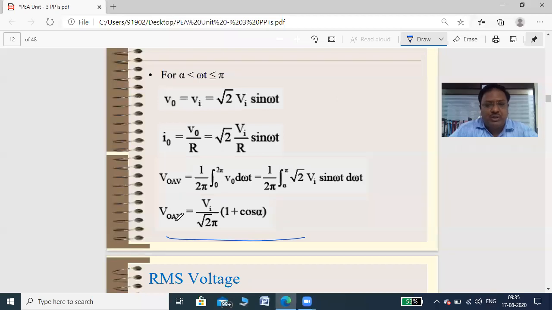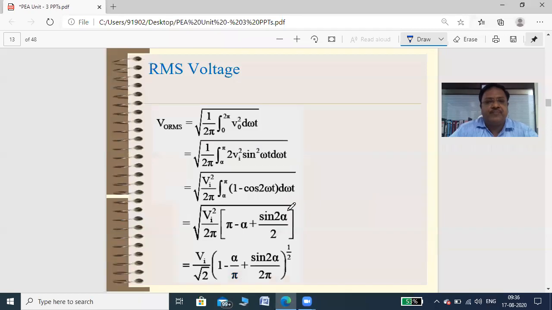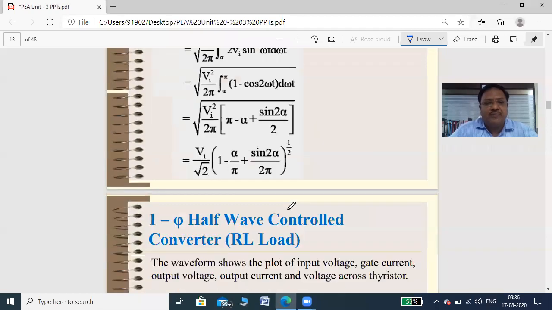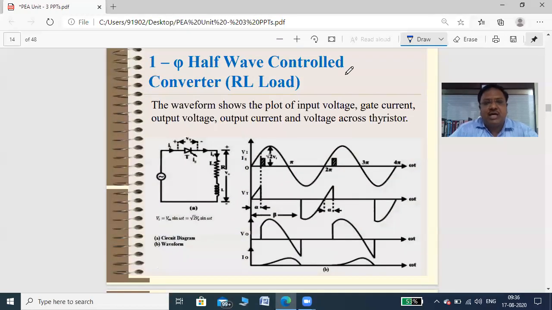Vm, the input amplitude, is constant, and 1 plus cos alpha varies only with alpha. So the average voltage depends upon alpha. If alpha is equal to 0, at that time you will get the maximum output voltage. Then the RMS voltage.